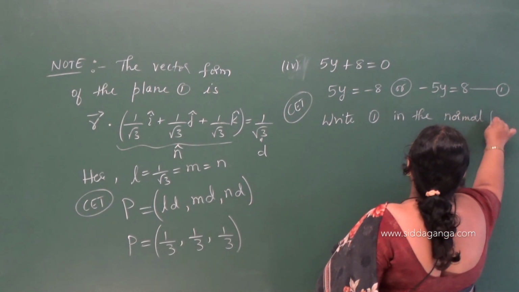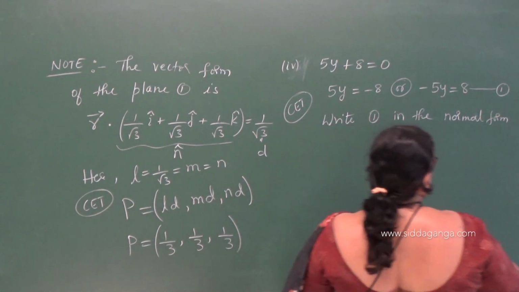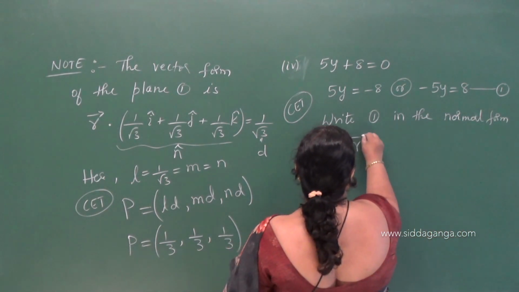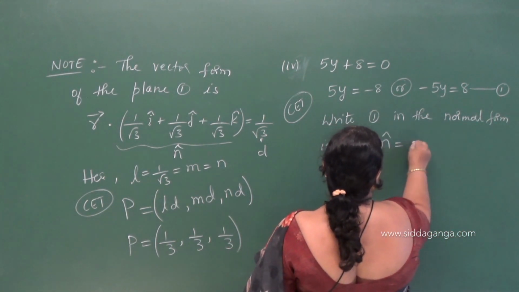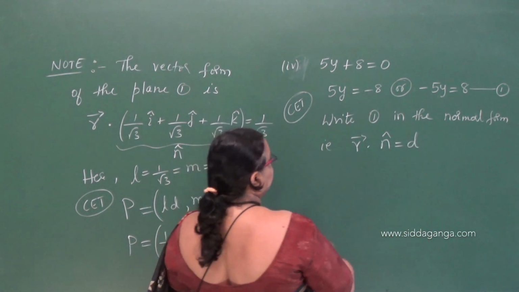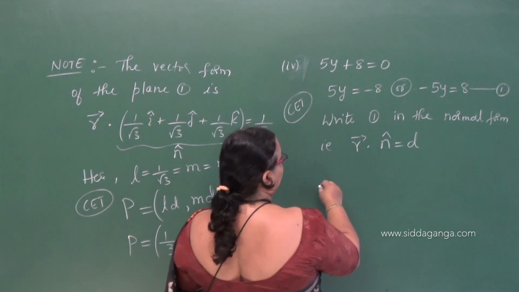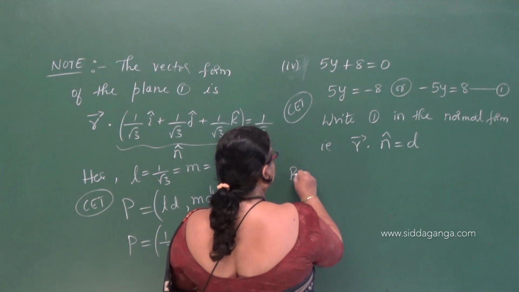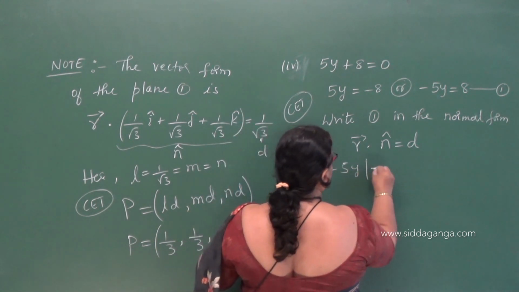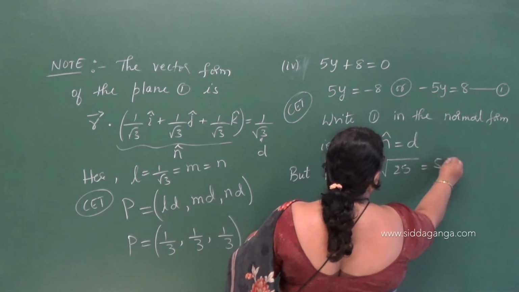Normal form means r dot n cap equal to d. So now you take the modulus of minus 5y, which is root 25, equal to 5.